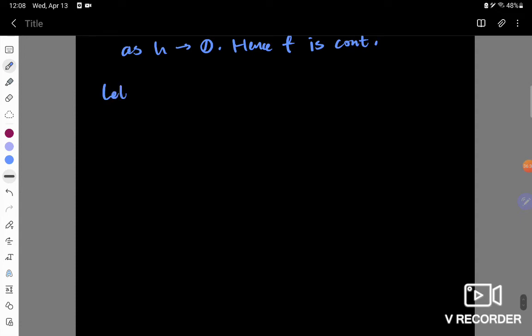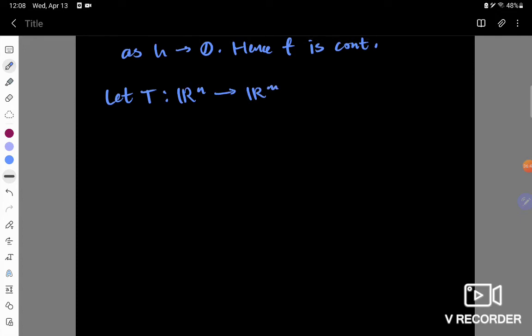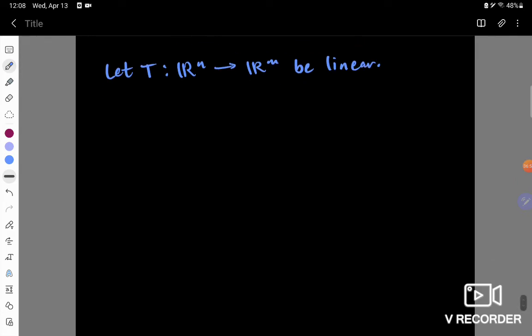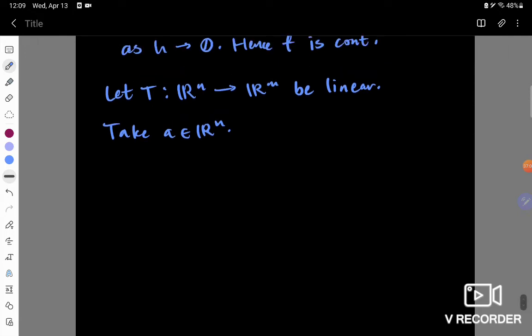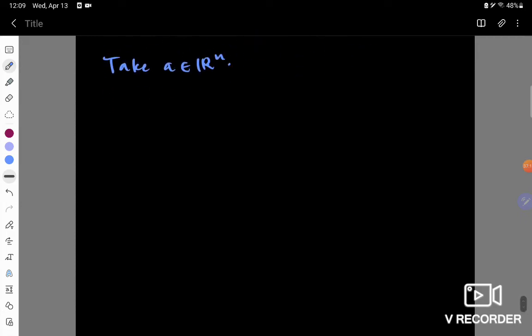So, let T, and first of all, we just take a survey of linear maps from, say, Rn to Rm. So let this be linear. Take a point, any point A in Rn. Then, by virtue of our standard basis, or for that matter, any basis, but for convenience, we just want to write this in terms of a linear combination of scalars and basis vectors.